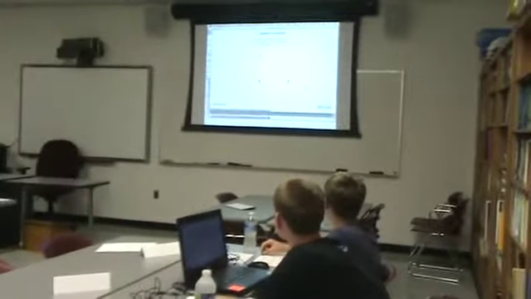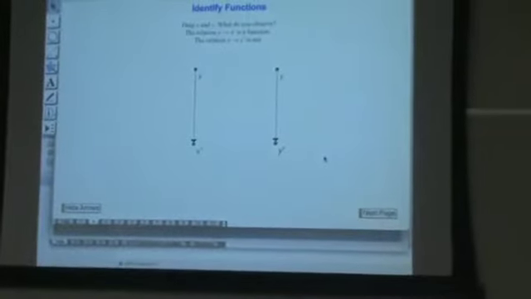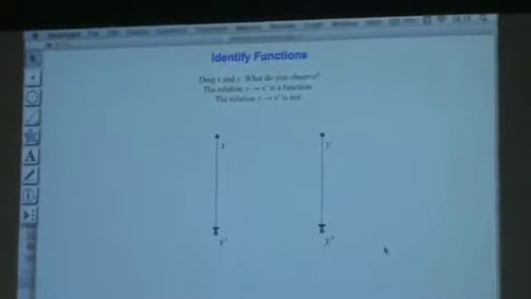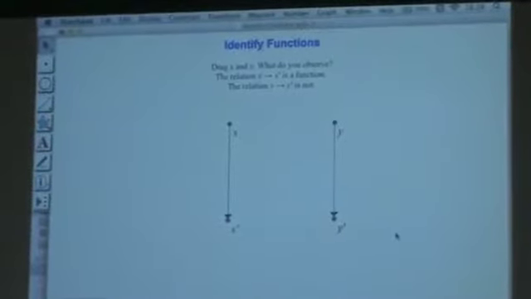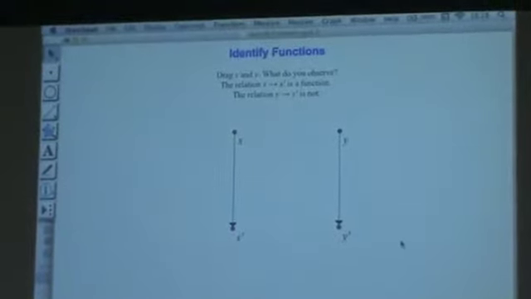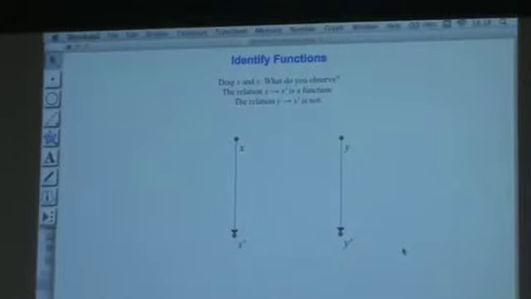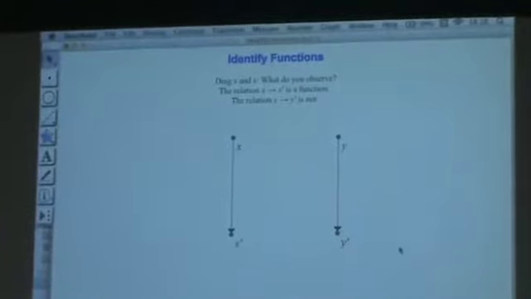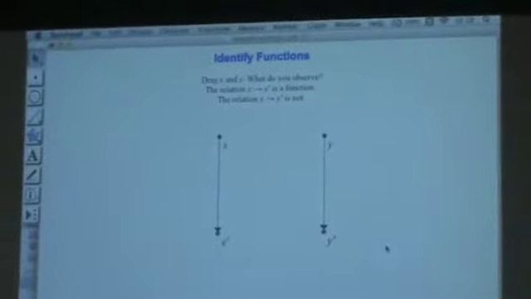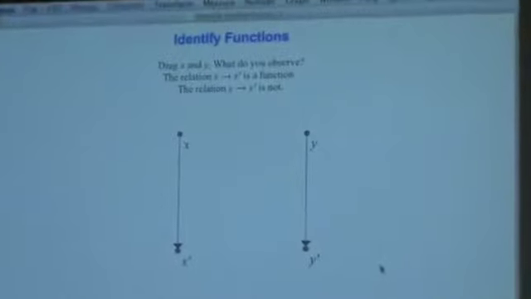Michael, do me the favor of reading the directions on the screen there. Drag X and Y. What do you observe? The relationship X to X prime, we call that, is a function. The relation Y to Y prime is not. Why? Okay, so one of these is a function, X to X prime, and the other one is not.